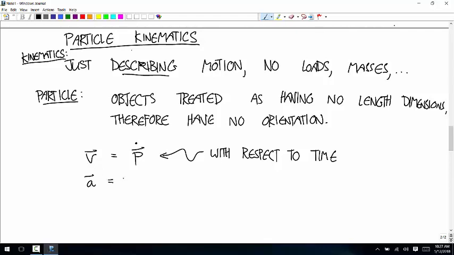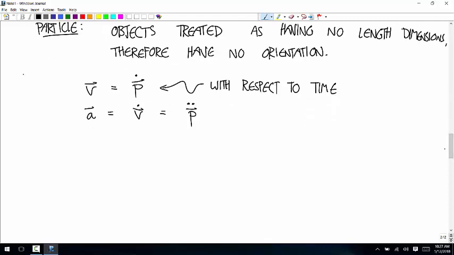And the acceleration vector is the time derivative of the velocity vector, or the second derivative of the position vector. And so you can go back and forth between these using derivatives and integrals.